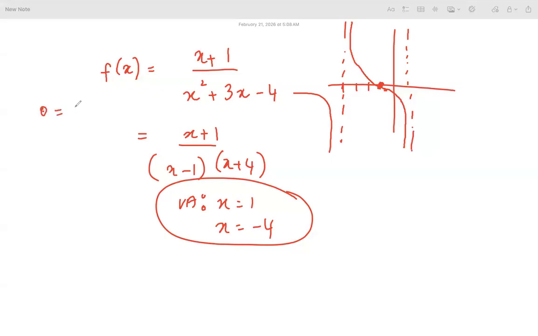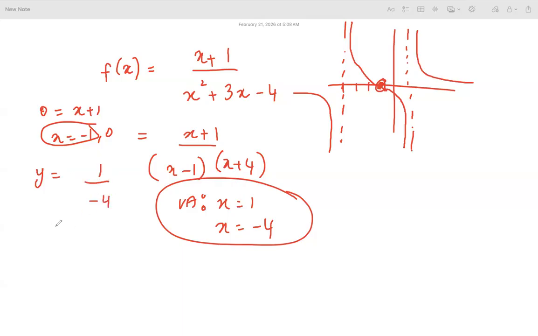For the intercept, put y equal to 0, that will give x plus 1 equal to 0, so x equal to -1. So the x-intercept is found by making y equal to 0. So -1 comma 0 is a point on the graph. And put x equal to 0. What happens if you put x equal to 0?